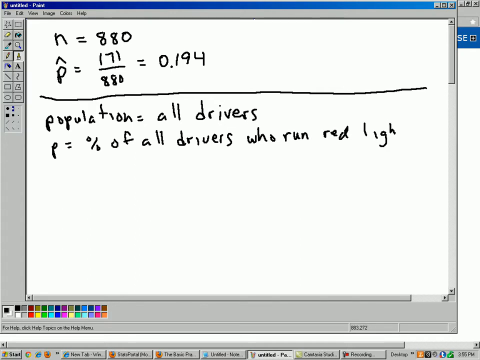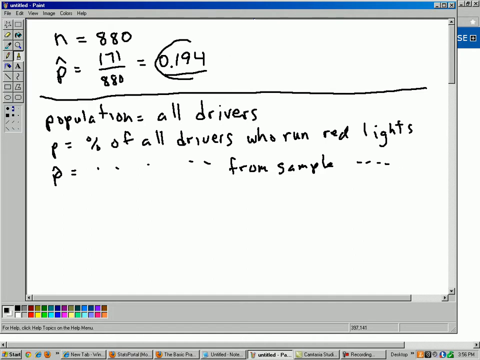Okay, now we're not going to know that answer. It's probably close to our sample result here. It's probably close to 20%, but we'll never know unless we actually ask every single driver in the entire country. Okay. Now, p hat, though, is the percentage of all drivers from our sample who run red lights, and that we know.